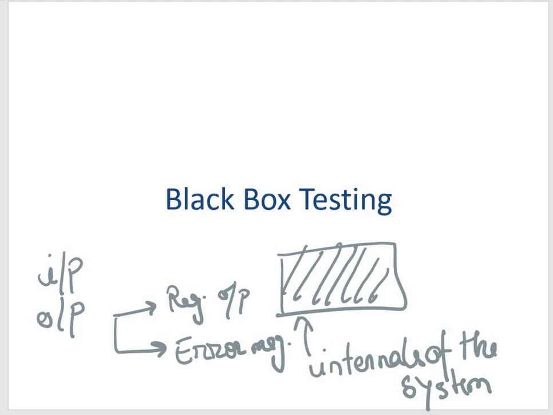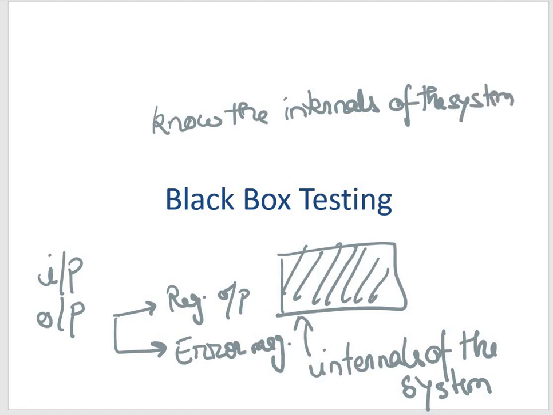In the black box testing method, we look for the functionalities of the software application. We basically test it, and I don't need to know the internals of the system. Whatever the code structure may be, I don't have to take care of it.